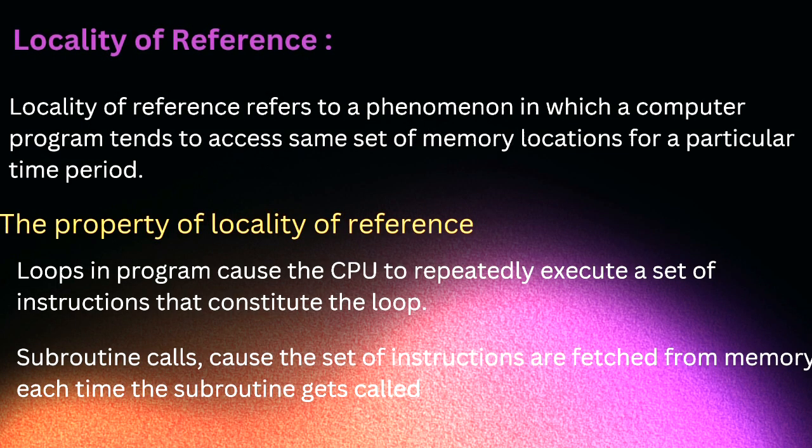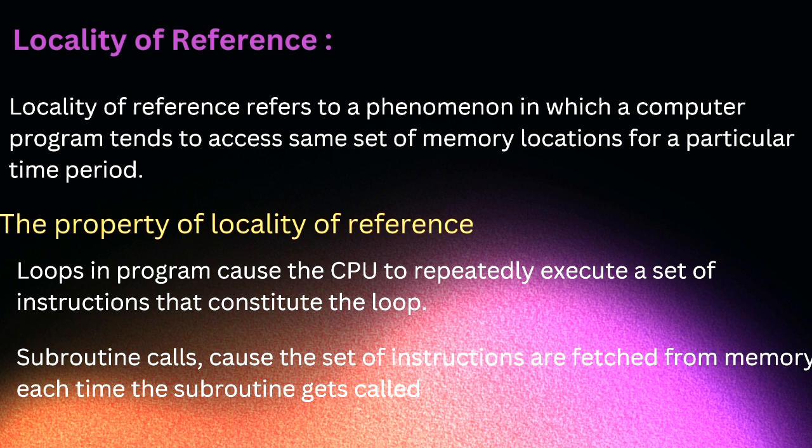Locality of references refers to a phenomenon in which a computer program tries to access the same set of memory locations for a particular time period. In other words, locality of references refers to the tendency of the computer program to access instructions whose addresses are near one to other.